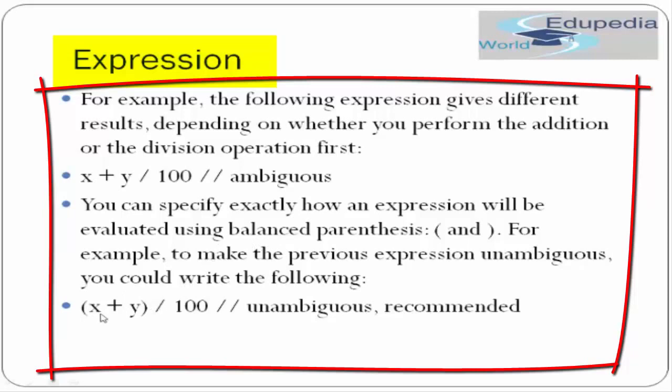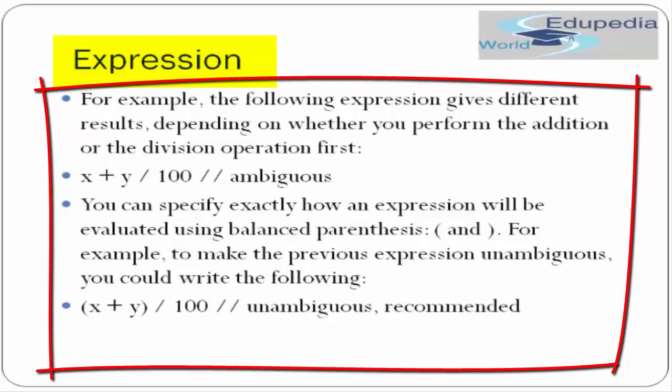So you could put x plus y in parentheses and then divide it by 100. So this will become unambiguous. In this case, you are specifying that you need to add first and then divide. And what happens if you don't do that? Then in that case, according to operator precedence, the division will take place before the addition.